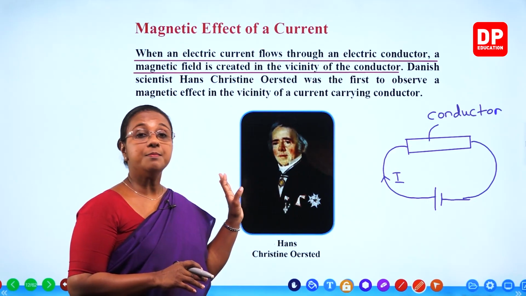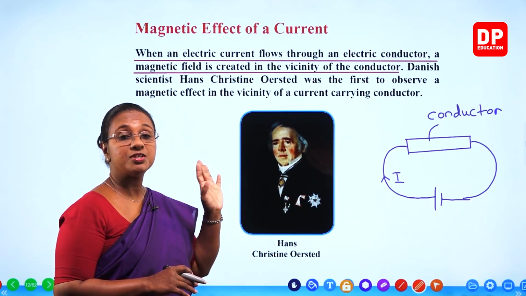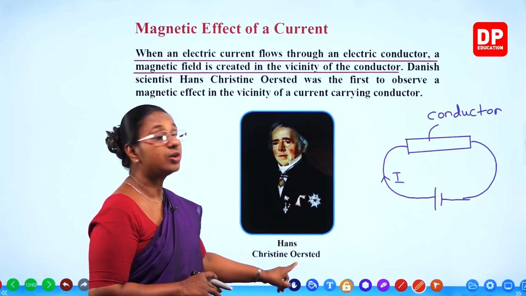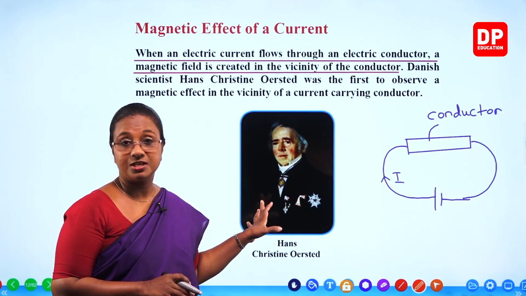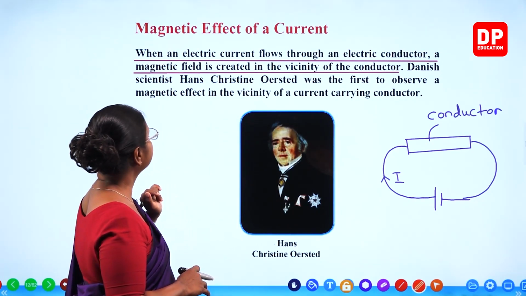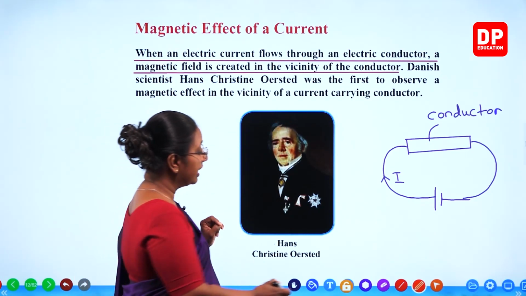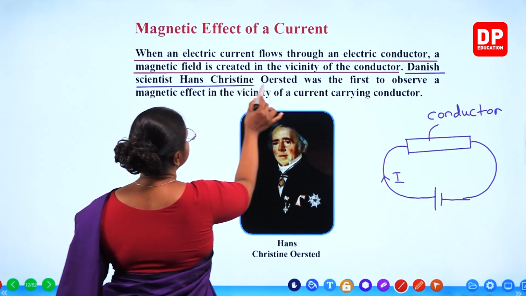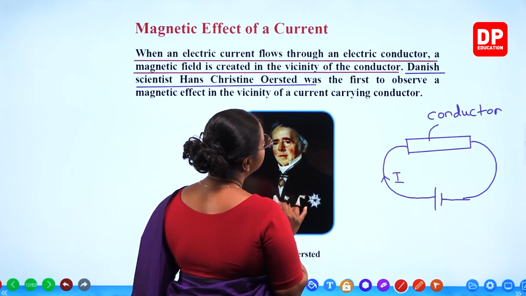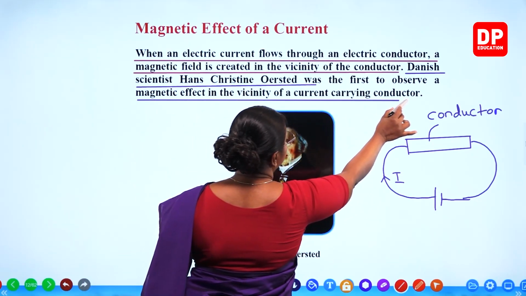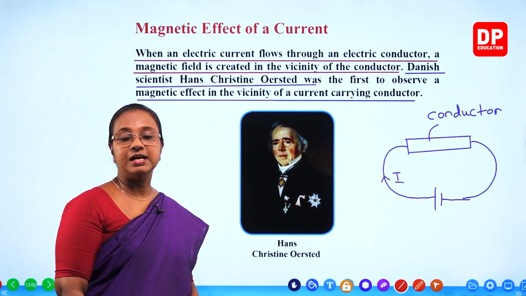This particular magnetic effect of current was first discovered and observed by Hans Christian Ørsted. He is a Danish scientist, from Denmark. Hans Christian Ørsted was the first to observe a magnetic effect in the vicinity of a current carrying conductor.